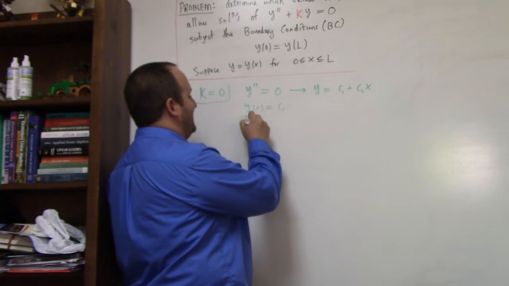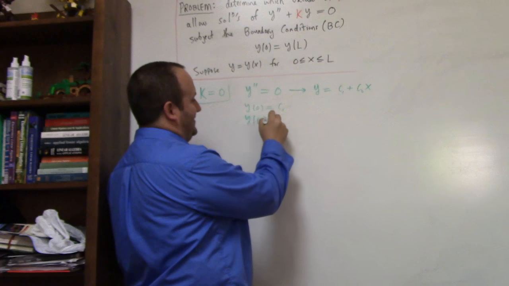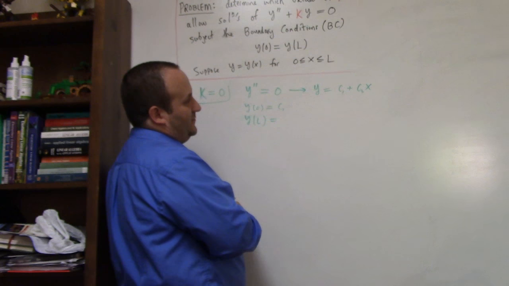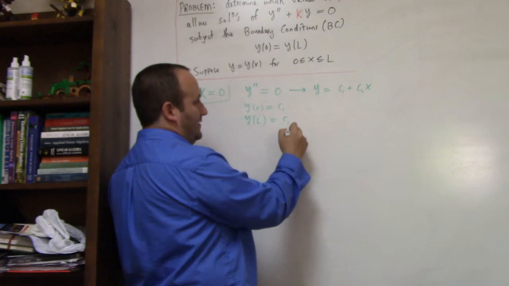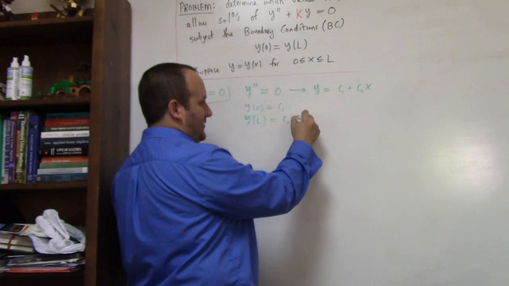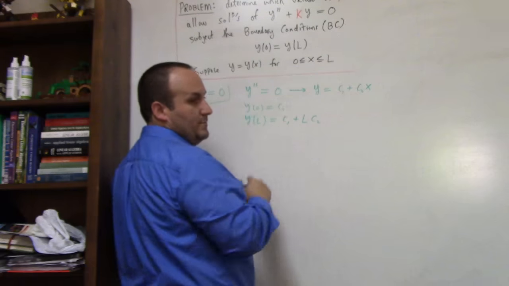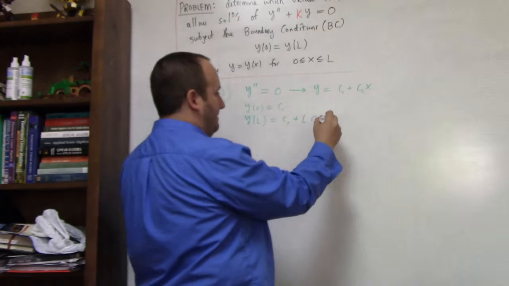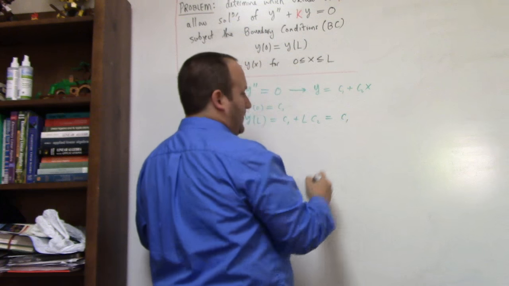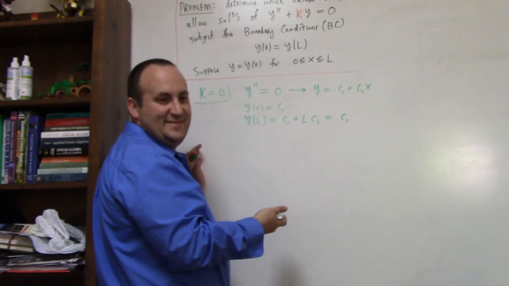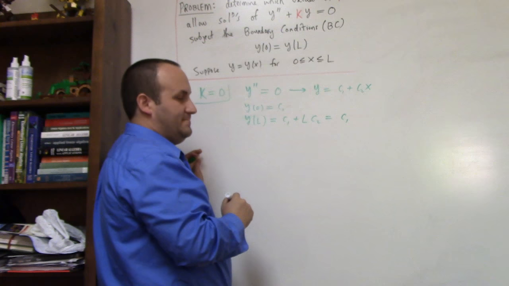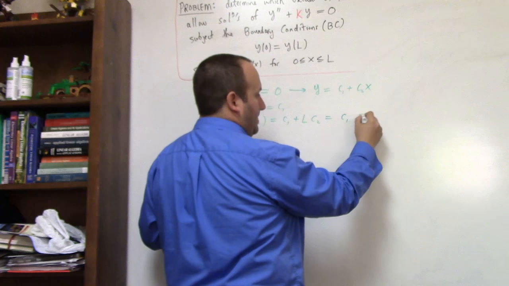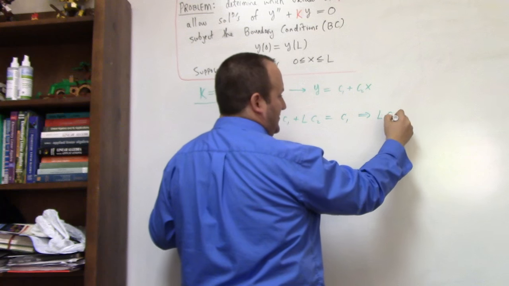Sorry. y of L is equal to c1 plus L c2, right? Plug into here, now these are equal. So what does that say? It says L times c2 is equal to 0.